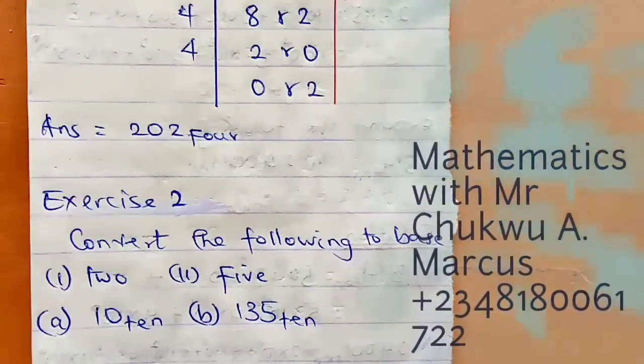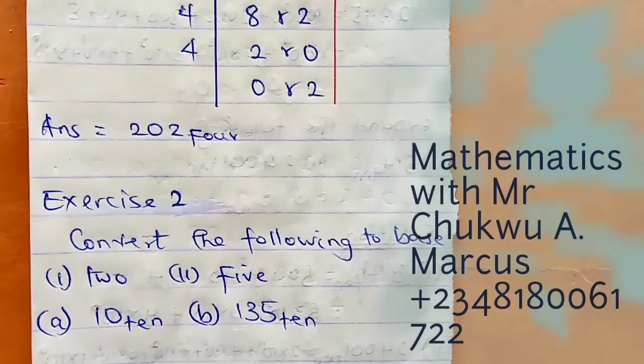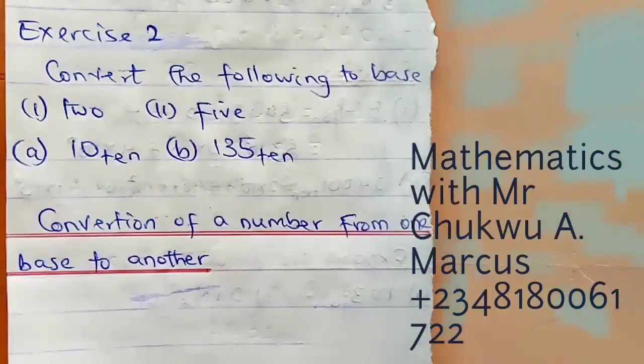Conversion of a number from one base to another base other than base 10. Now I know that you can convert a number from a certain base to base 10, and also you can convert a number from base 10 to any required base. Therefore, we are going to make use of this in conversion of a number from one base to another. This is just the step that we're going to follow.